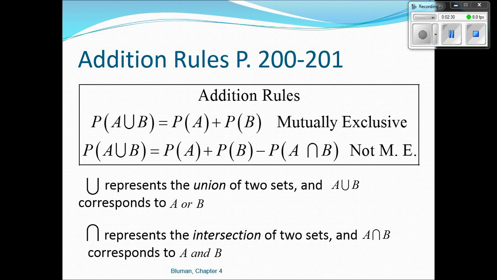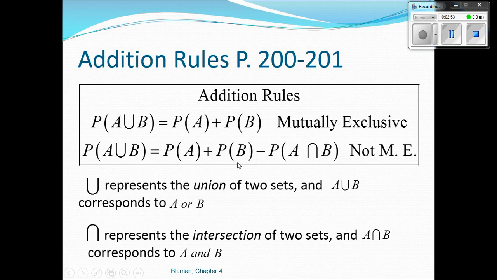All right. Now what if we get to something that is not mutually exclusive? For instance, we say, what's the probability of being female or being a junior in high school? So you ask yourself, can you be a female and can you be a junior at the same time? Yes, you can.